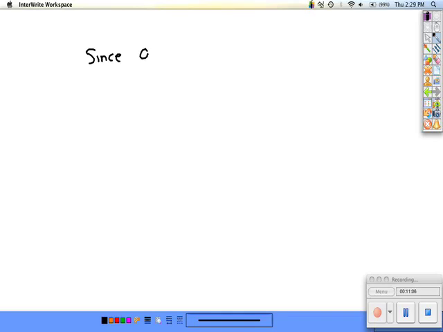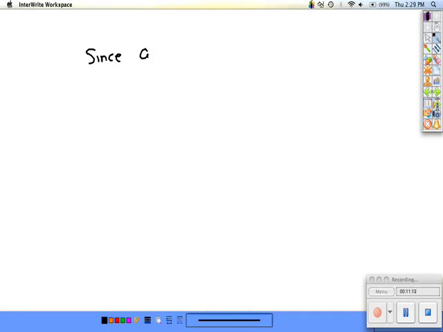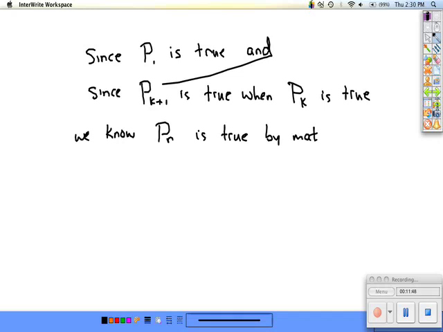So what we say now is, since p1 was true, and since pk plus 1 is true when p sub k is true, we know our proposition is true by mathematical induction.